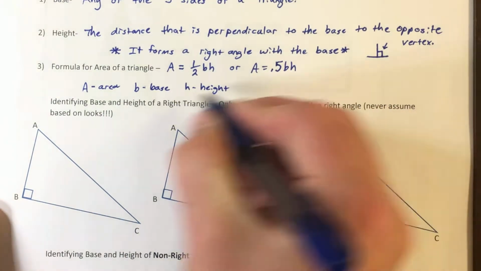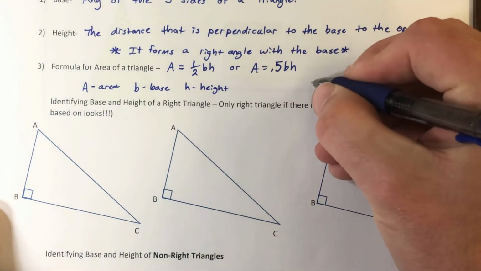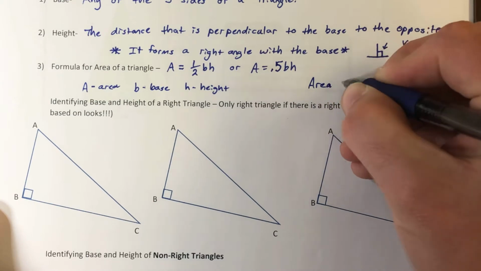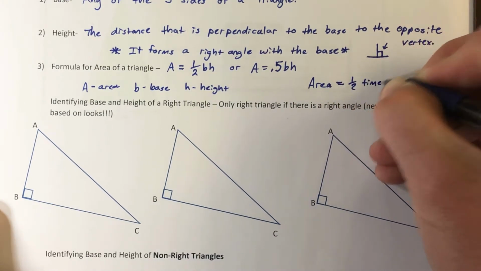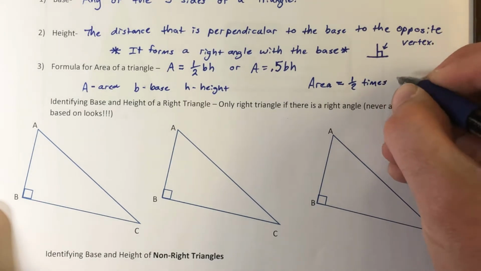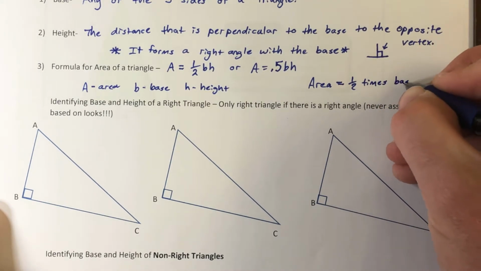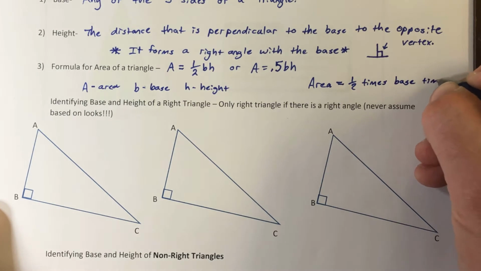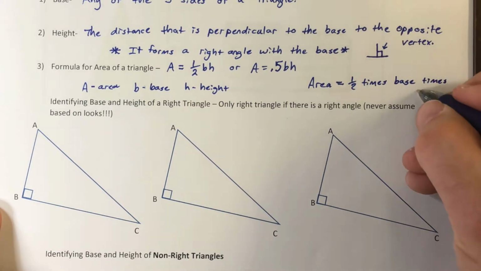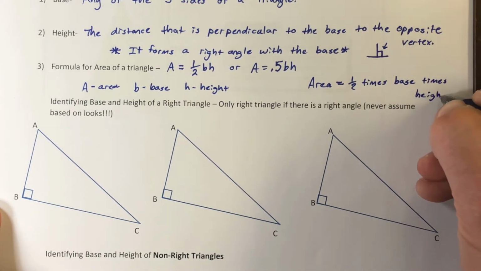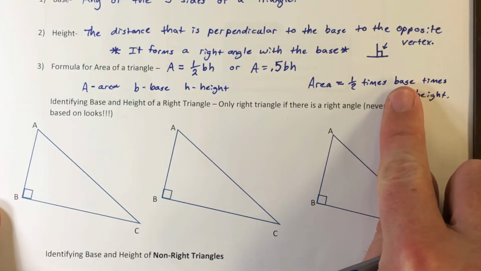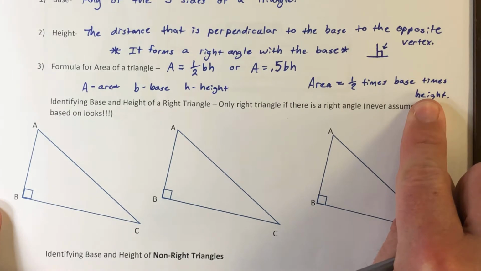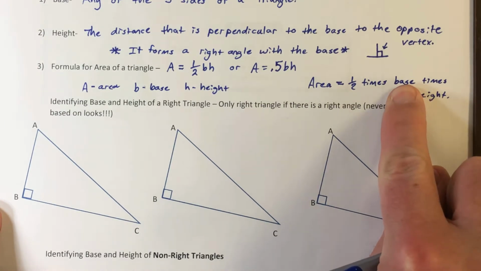Okay, so if we put this all together, essentially it means area of a triangle is equal to 1/2 times, or multiplied by, the base times, or multiplied by, the height of a triangle. And again, the base can be any of the three sides, and the height has to be the perpendicular distance to that base.